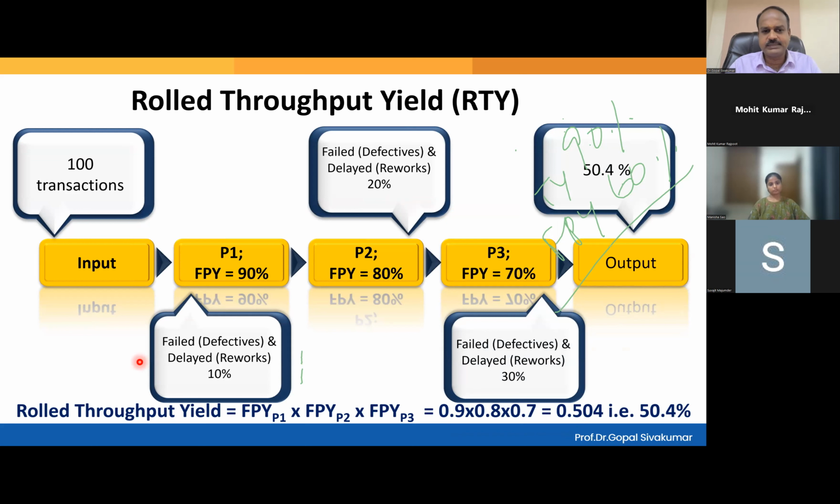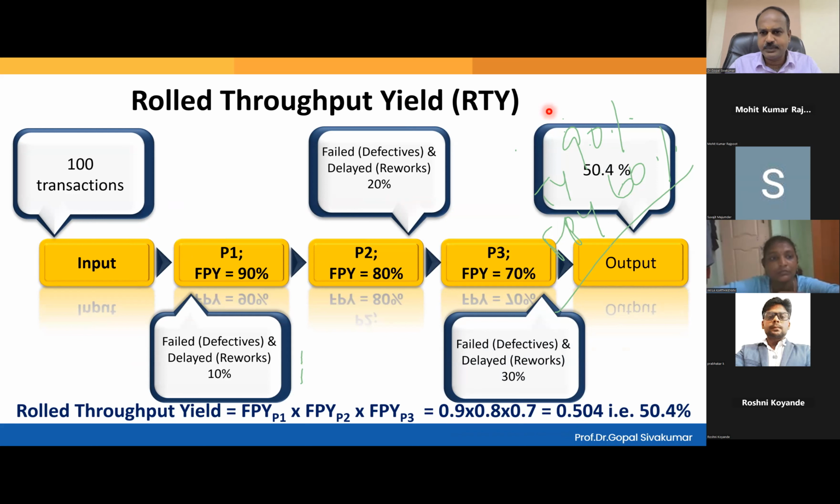Like sequence in the sense that the output of one process becomes the input for the next process. Have you seen such scenarios? Under such a situation, you should go for rolled throughput yield.